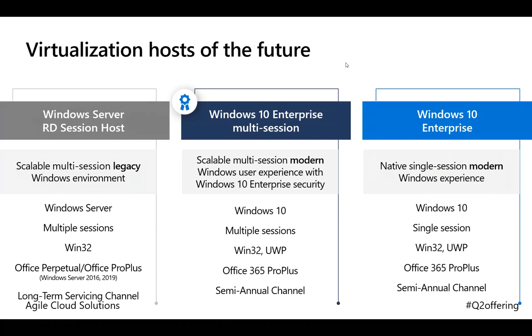So Windows 10 multi-session is an intermediate version between your servers and the client operating system, and this can be used to facilitate a Windows Virtual Desktop to the end users.